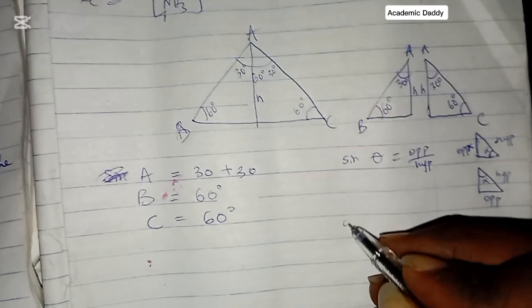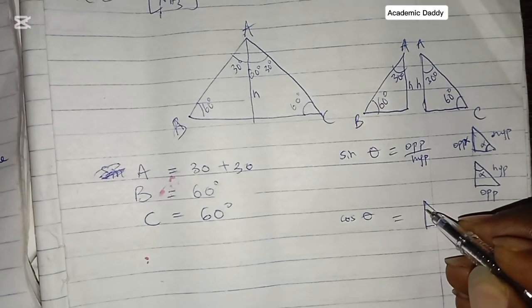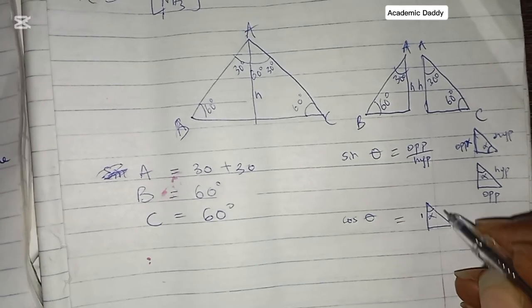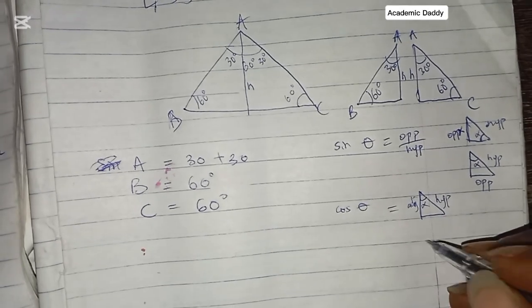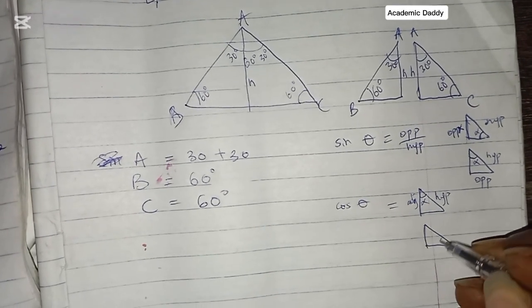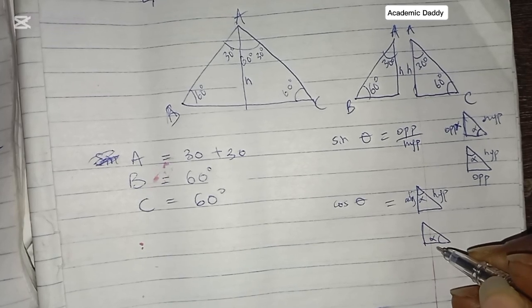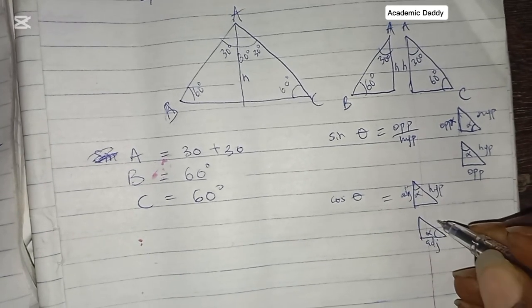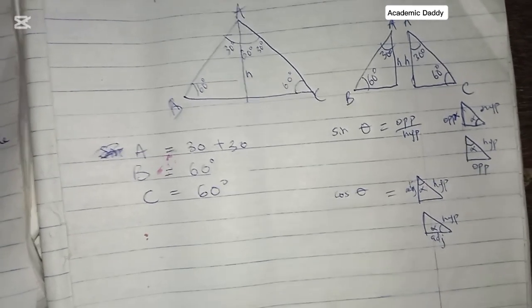For cos theta, it is adjacent over hypotenuse. If I have an angle this way, this side becomes the adjacent over the hypotenuse. So the side that the angle is sitting on is always the adjacent.